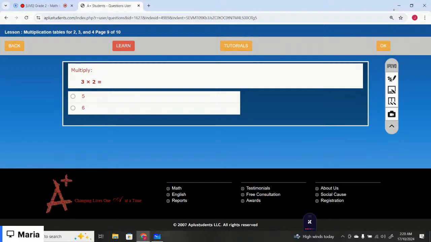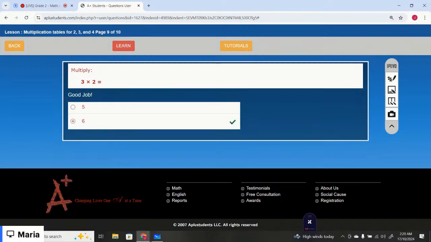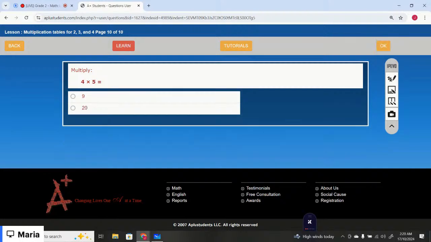Very good. 3 times 2 is 6 it is, right? 4 times 5, which is the correct option?